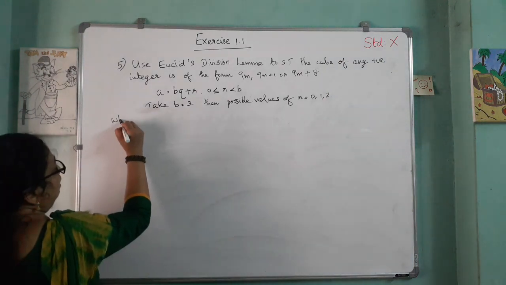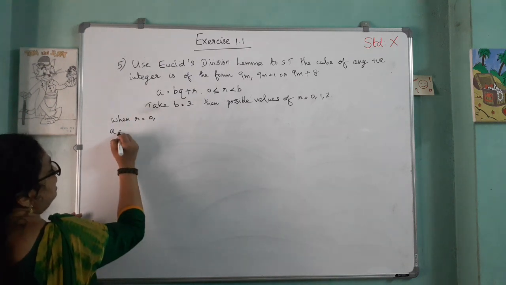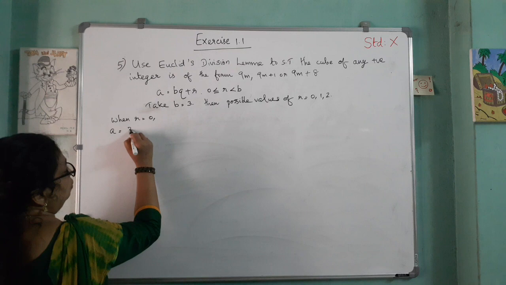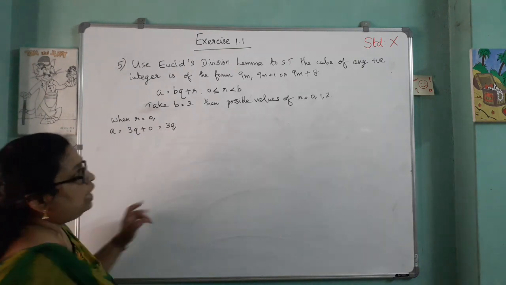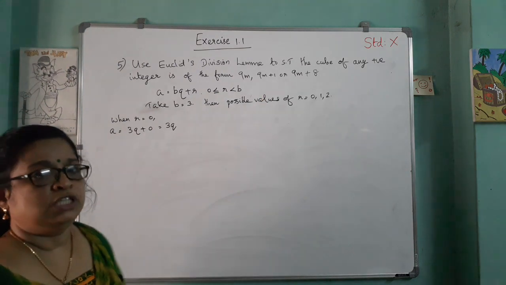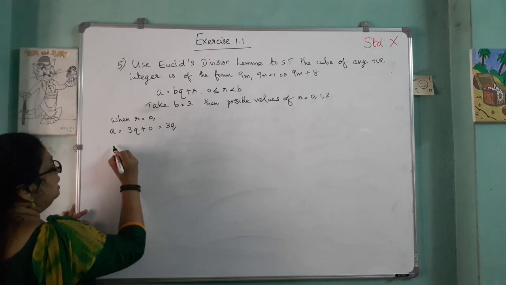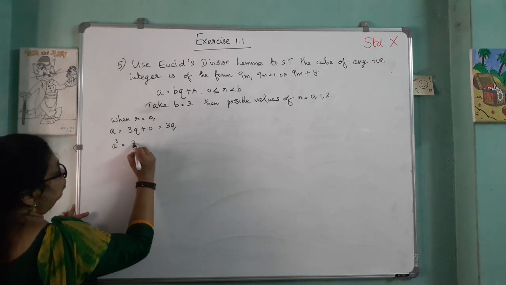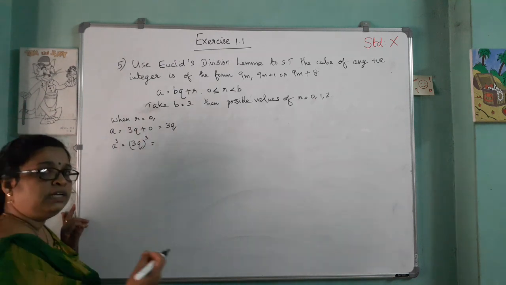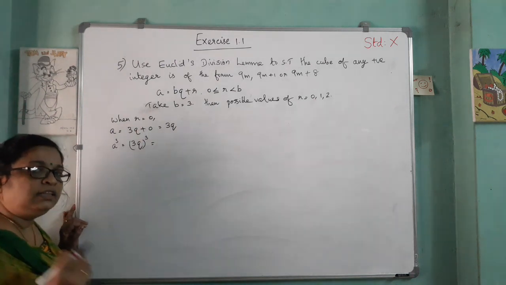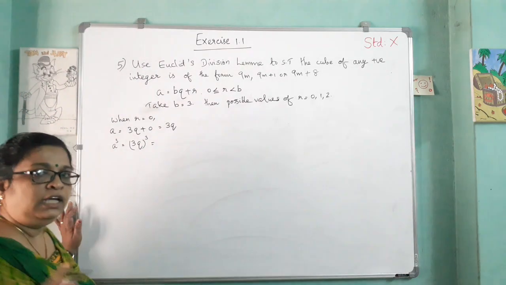Then when r equal to 0, this equation becomes a is equal to 3q plus 0, which is equal to 3q. And to show that the cube of any positive integer, so taking cube on both sides, a cube equal to 3q the whole cube, which means multiplying 3 into 3 into 3, that is 3 into 3 is 9, 9 into 3 is 27.